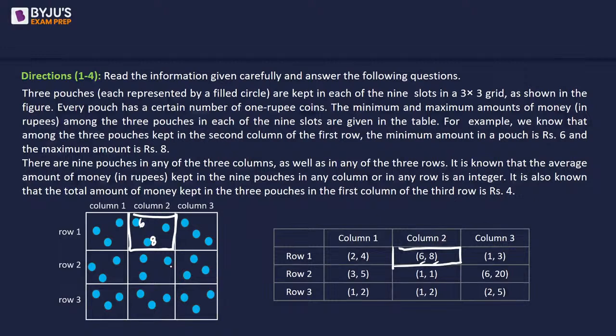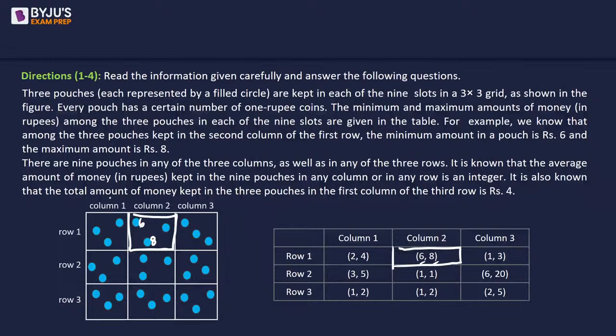It is also known that the average amount of money, in rupees, kept in the 9 pouches in any column or any row is an integer. So we can't take fractions, because these are 1 rupee coins, so you can't have 4.5 rupees anywhere. It's about the average, so the sum should be in the table of 3.